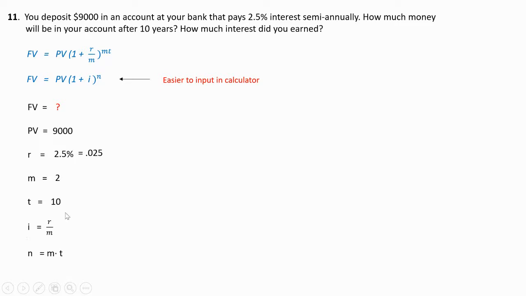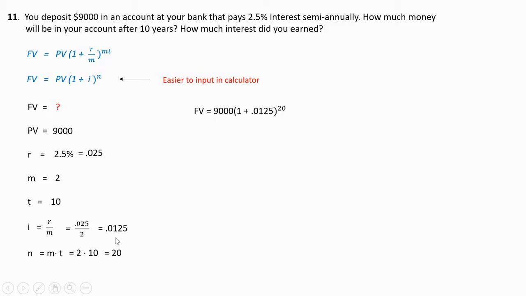Now, what's my I? My I will be R divided by M. 0.025 divided by 2 gives us 0.0125. My N is M times T. My M is 2 and my T is 10, so that'll be 20. Now, all we do is plug into the formula. This is my future value, so my present value is 9,000.